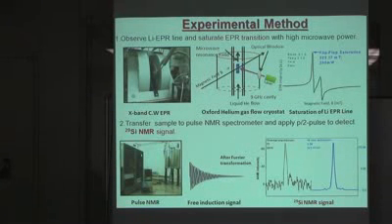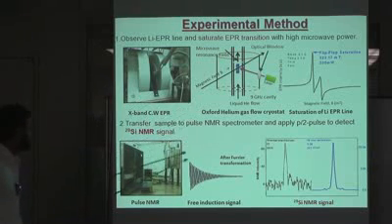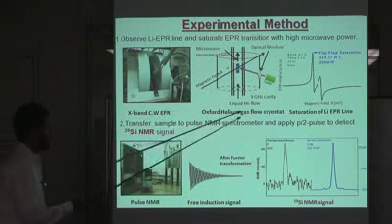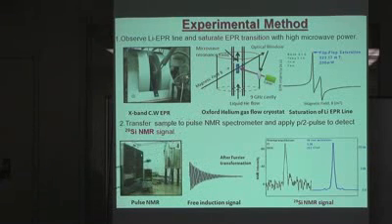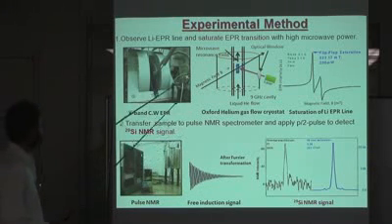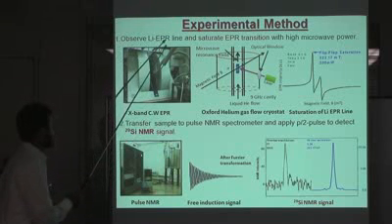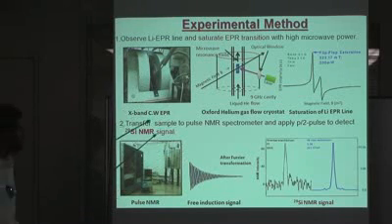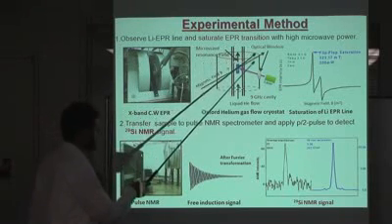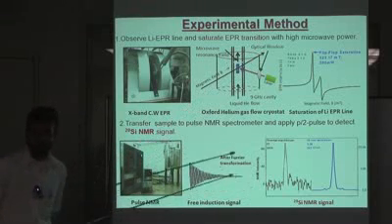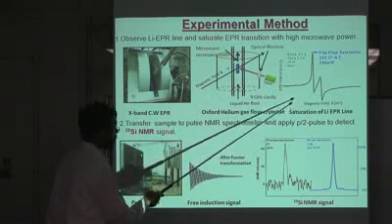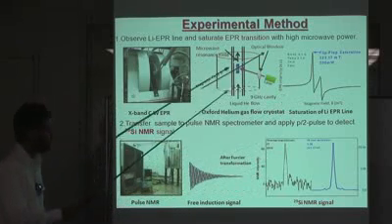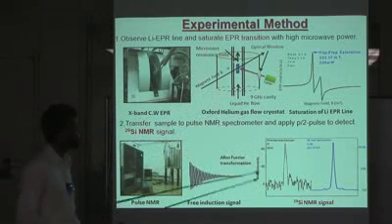Experimental method. This is our X-band continuous wave EPR, Oxford helium cryostat, a schematic diagram of the Oxford helium gas flow cryostat. First, we observe the lithium EPR line and then saturate the EPR transition with high microwave power at a fixed magnetic field. This is our EPR line of lithium along the 100 direction.